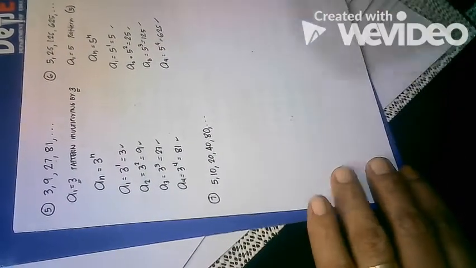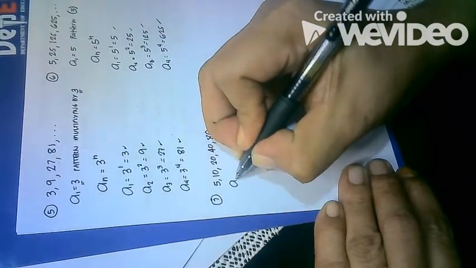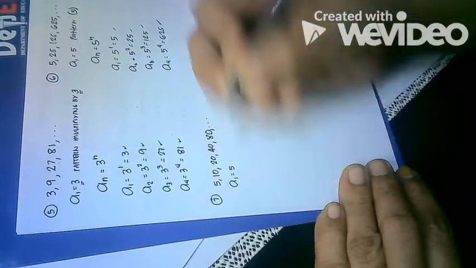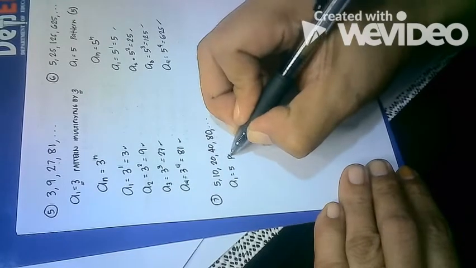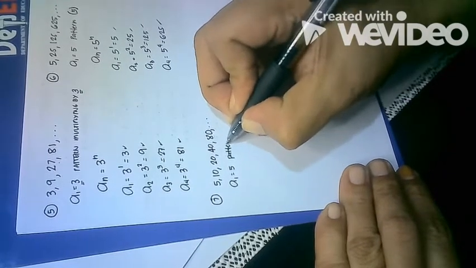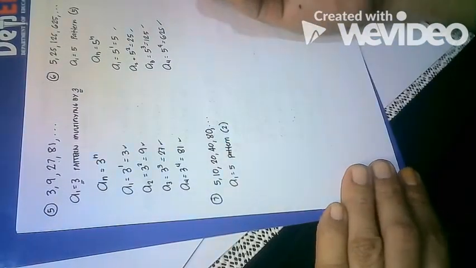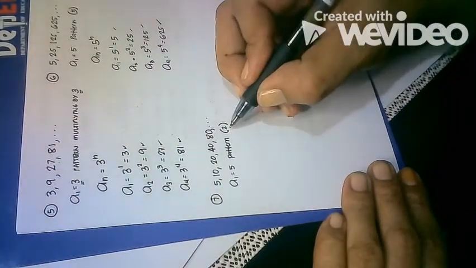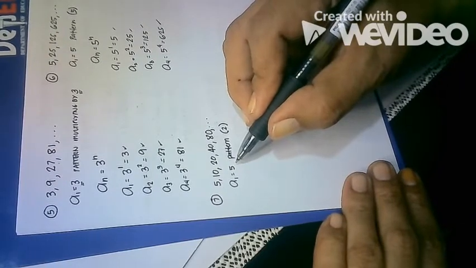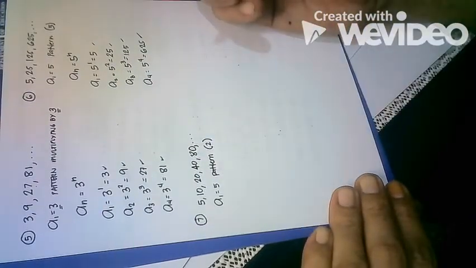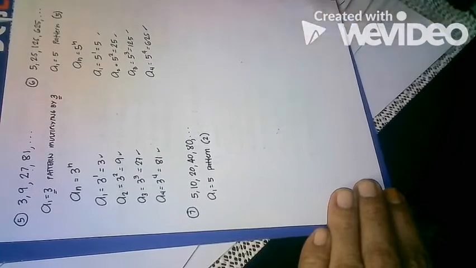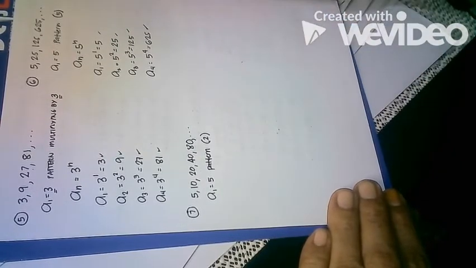So our a sub 1 now is 5, and the pattern is multiplied by 2. Okay, so the pattern is different from a sub 1, the first term. So this will be the formula.